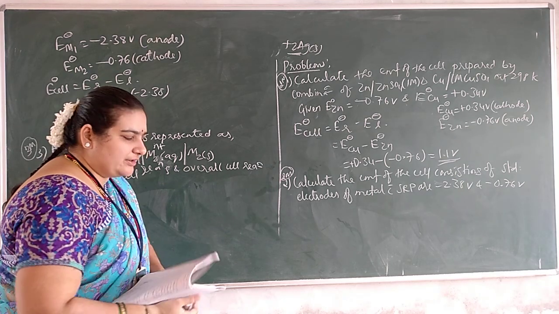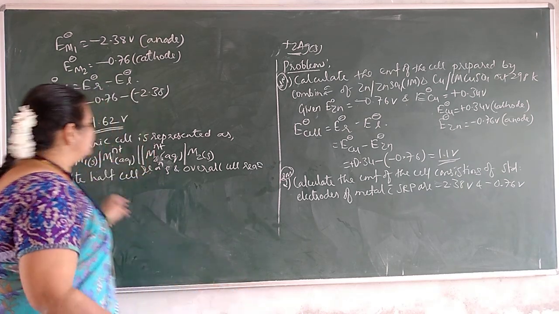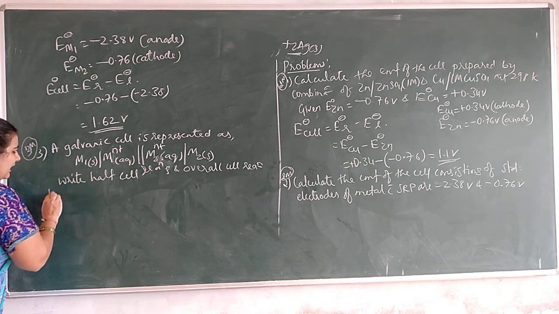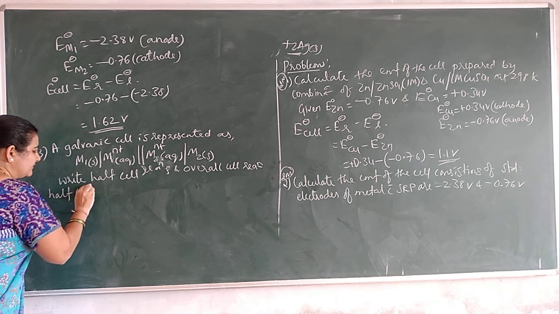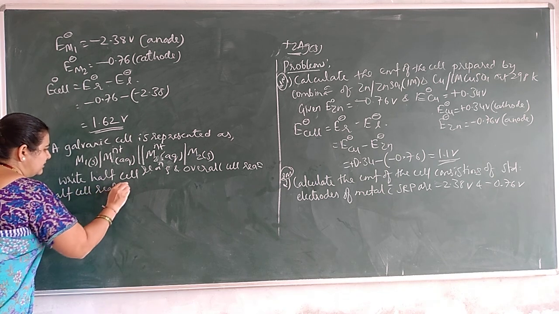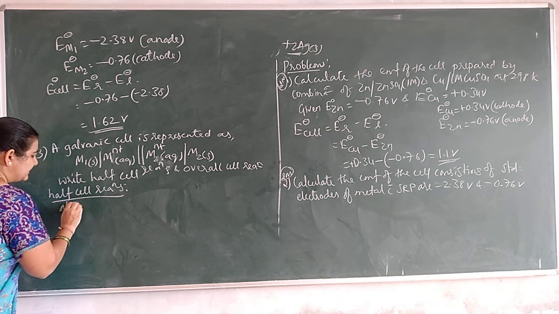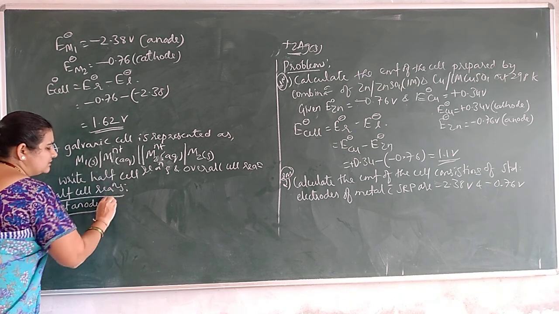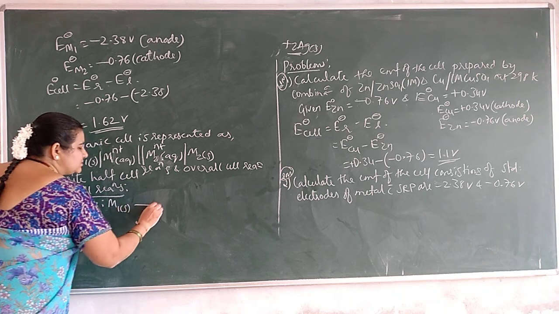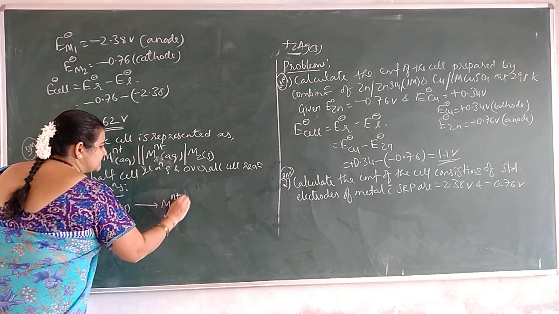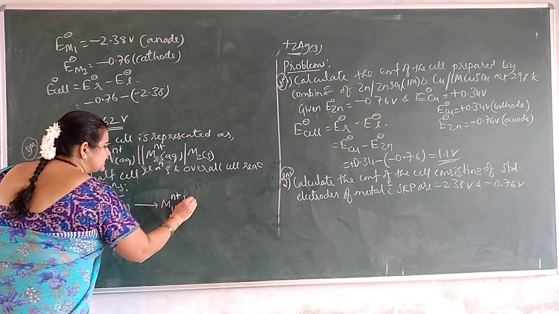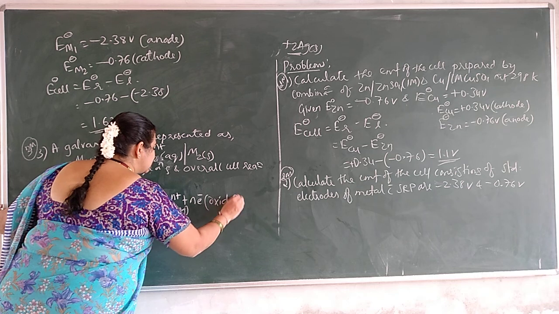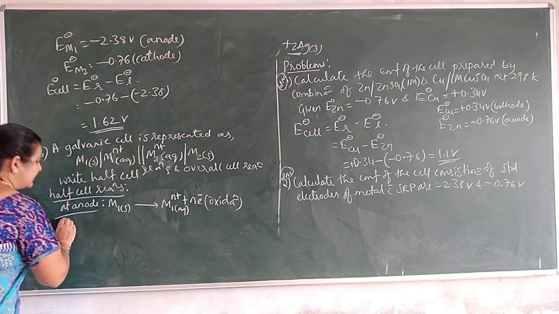So here, in order to write the half cell reactions, here is the anode and here is the cathode. First write the half cell reactions. At the anode, the reaction will be M1 solid giving rise to M1 n plus aqueous plus n electrons, that is oxidation taking place at the anode.